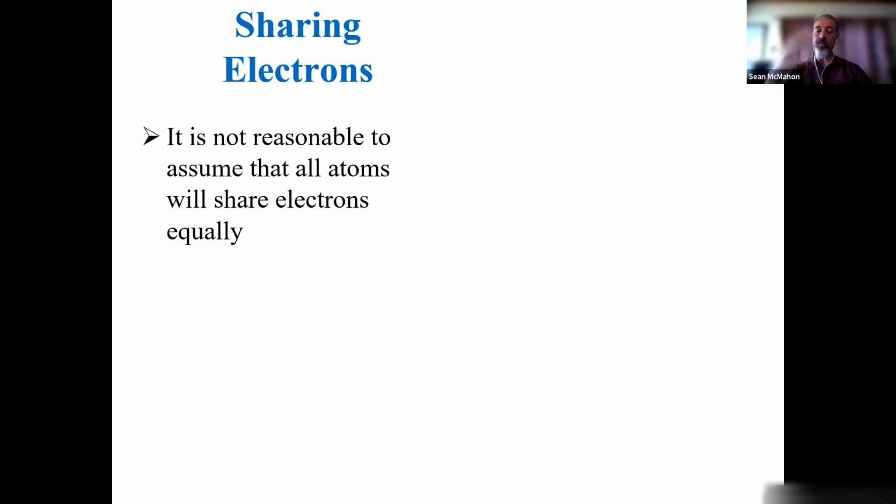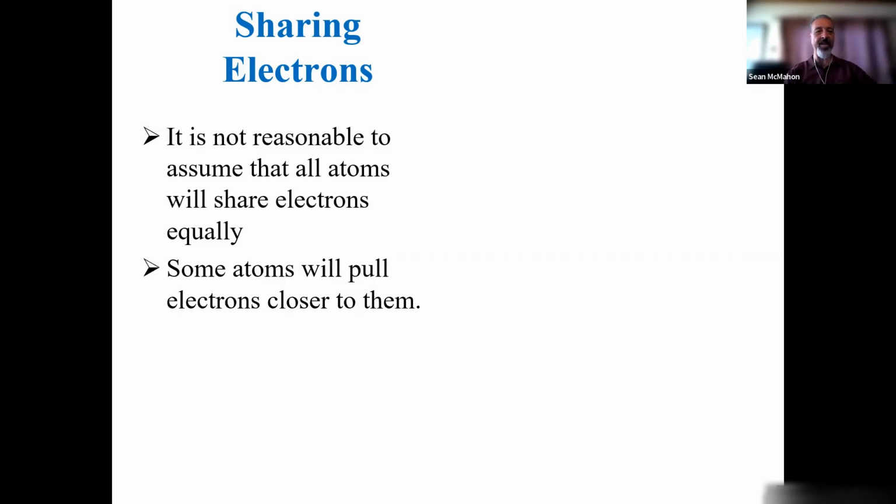But it's not reasonable to think that all the atoms out there can pull on these electrons the same when they're trying to share them. I mean, it's like relationships. No, there's not always perfect equal sharing, okay? So what does that mean? Well, unfortunately, some atoms pull a little more, so other atoms lose a little bit of that sharing of electrons.